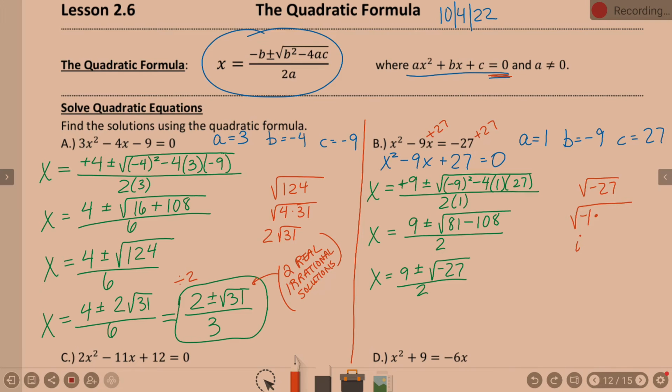Okay, 27, your brain should say 9 times 3, shouldn't it? And the importance of 9 times 3 is that 9 is a perfect square. The square root of 9 is going to be a 3. What about this other 3? Stays under the radical, yes? Okay. So 3i square root of 3.